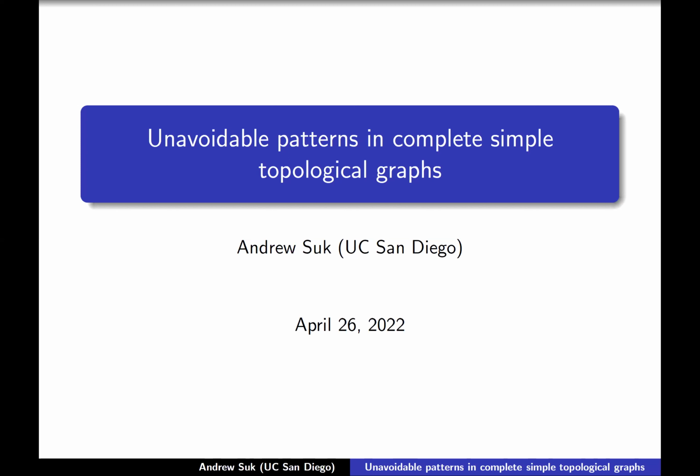Okay, so thank you for inviting me to speak in this seminar. So I'll be talking about graph drawing, several problems I've been thinking about in graph drawing recently. I guess today, graphs that are drawn in the plane are frequently called topological graphs.